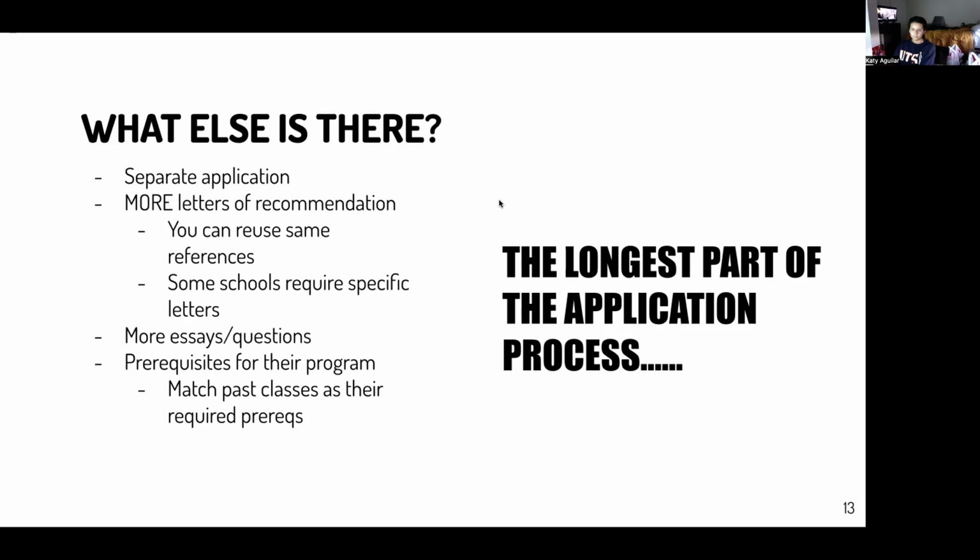It's exhausting. So this comes with more letters of recommendation. I'll talk more about that, but you can reuse the same references that you use for the PTCAS application, the same ones that are due at a certain date. Some schools also require specific letters, like 2 from a PT, no supervisor, no professor.